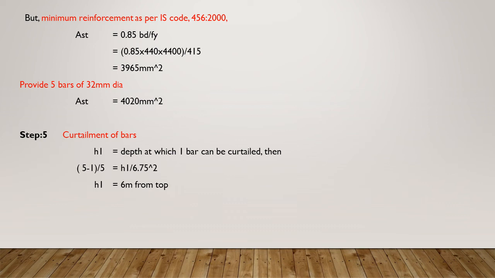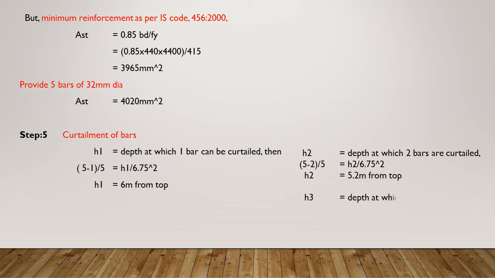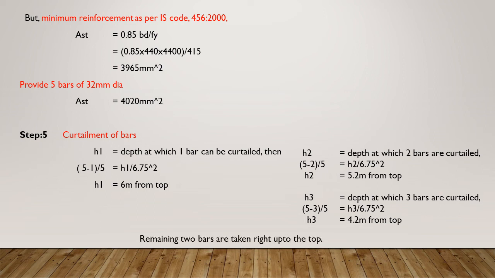The h1 is equal to 6 meter from the top. h2 is the depth at which 2 bars are curtailed, so h1 is the 1 bar and h2 is the 2 bars. So 5 minus 2, our h2 is equal to 5.2 meter from top. h3 is 3 bars curtailed. So 5 minus 3, then our h3 is 4.2 meter from top. The remaining 2 bars are taken right up to the top.